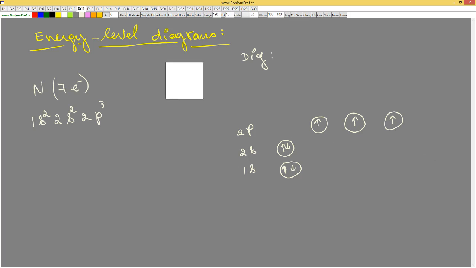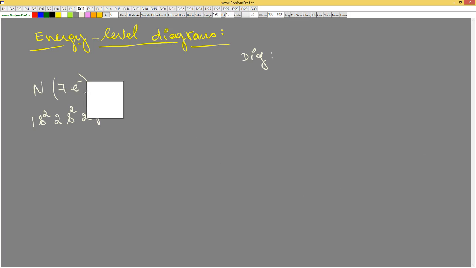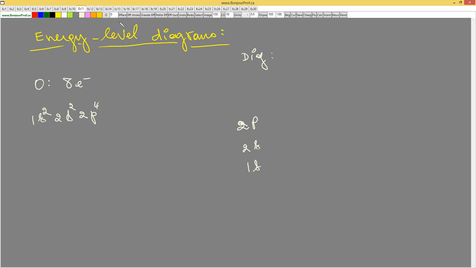What about the oxygen? Oxygen has 8 electrons. What is its configuration? 1s2, 2s2, 2p4. So the energy level configuration will be 1s, 2s, 2p, in that order, but we don't put the numbers here.